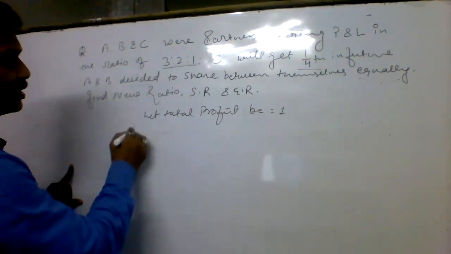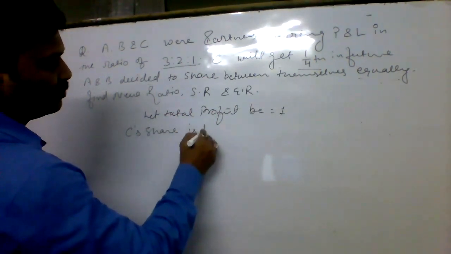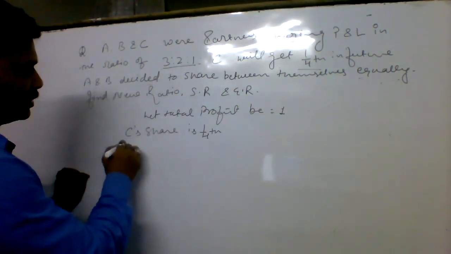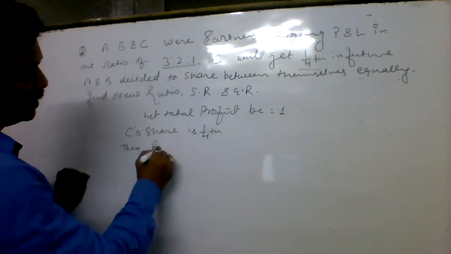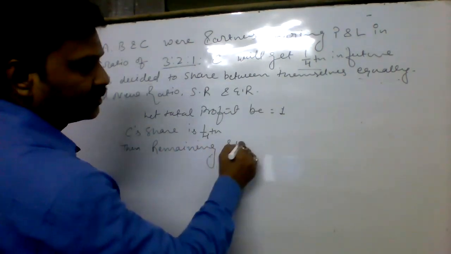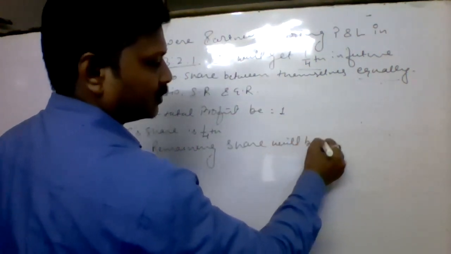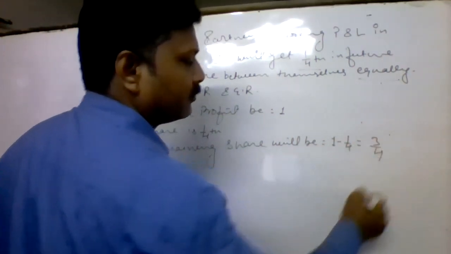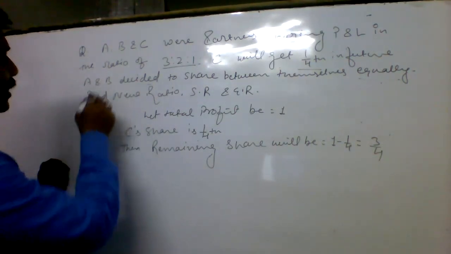C's share is clear, it is 1/4. So the remaining share will be 1 minus 1/4, which is 3/4. This 3/4 will be taken by A and B equally.